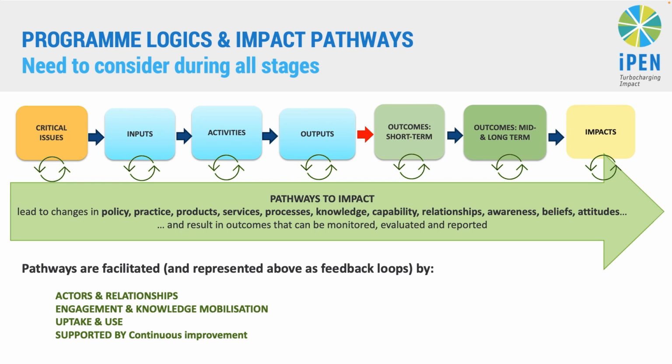So you'll see that those feedback cycles are occurring all the way through. So really recognizing that to strengthen your pathways to impact, you need to be thinking about more than just your inputs and activities and outputs. You need to be thinking about a more diverse range of activities and considerations shown by those points below.